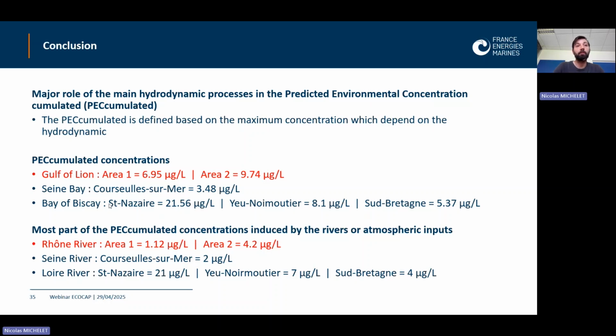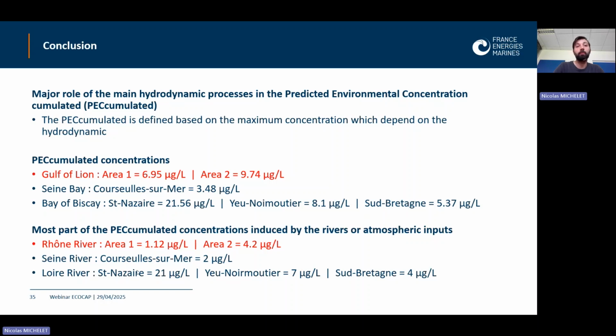You have also the PEC cumulated of the others here, and you can see that, for example, for the Seine Bay, most of the aluminium comes from the Seine River itself, which is almost 2 times the influence of the anode. And in the northern part of the Bay of Biscay, the Loire has a very important influence on the aluminium concentration.